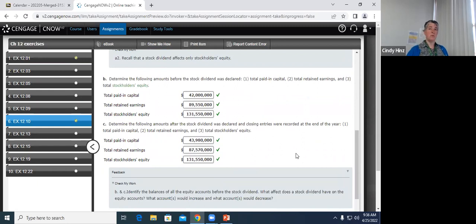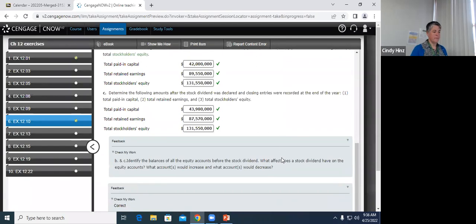But because we assume that the market price is going to be more affected by those higher percentages, we only use the par or stated value. Any questions at this point? Everybody feel okay about this?